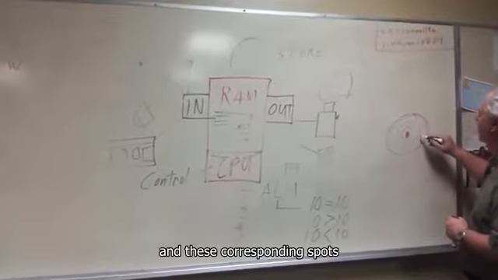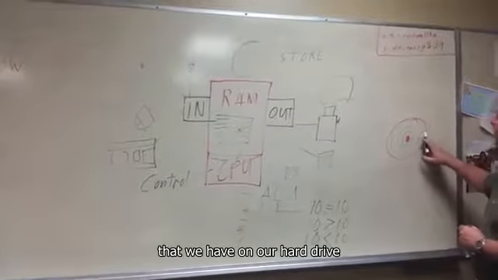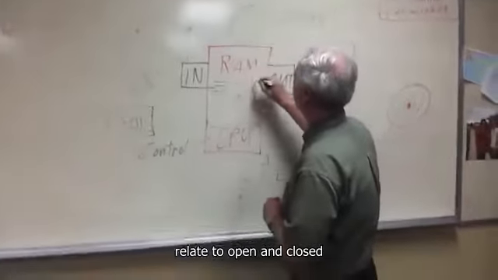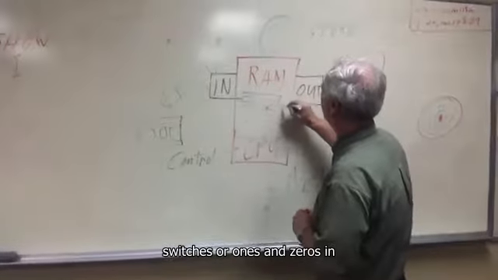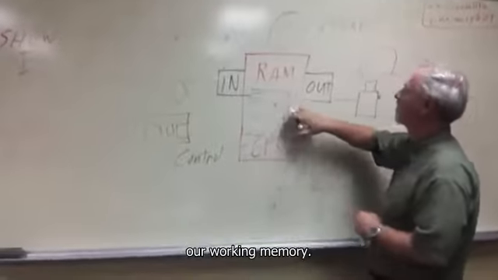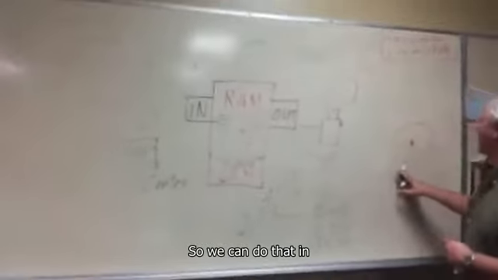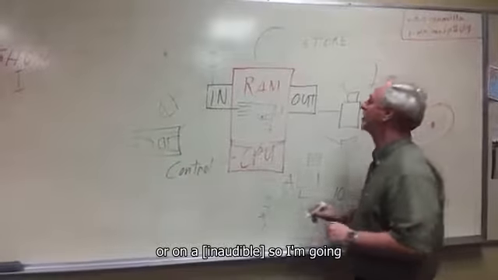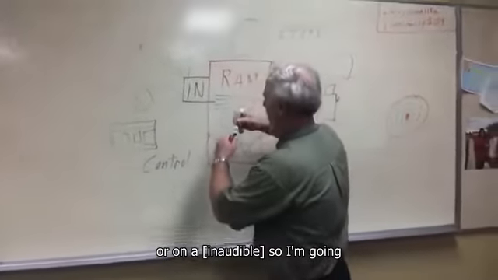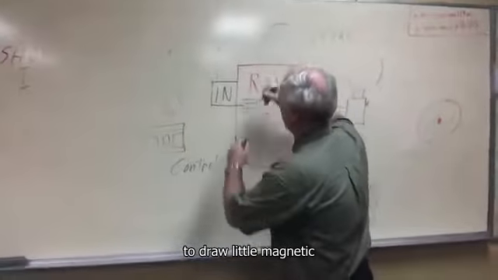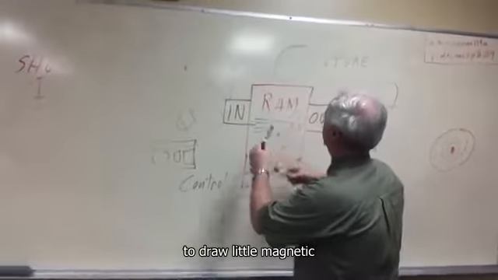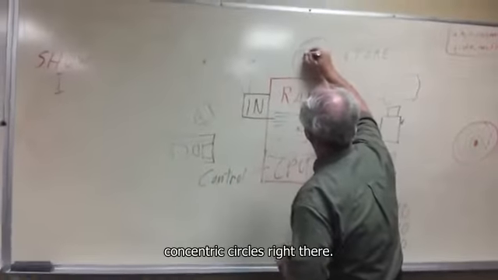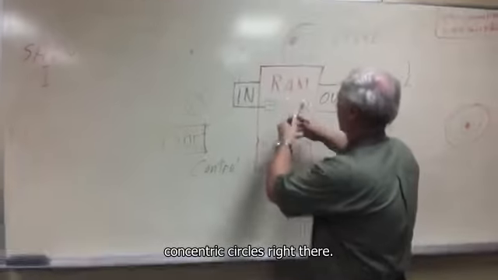And these corresponding spots on our hard drive relate to open and close switches, or ones and zeros in our working memory. So we can do that magnetically on our hard drive or on a floppy drive. And so I'm going to draw our little magnetic concentric circles right there.